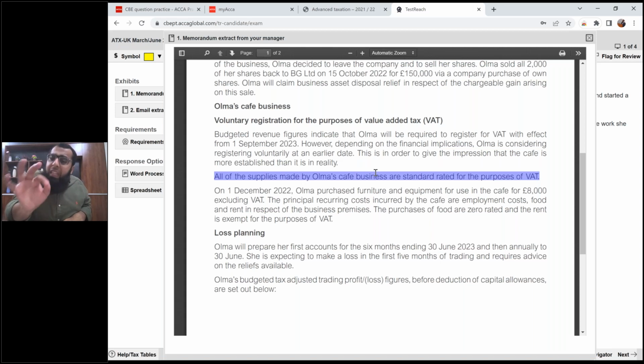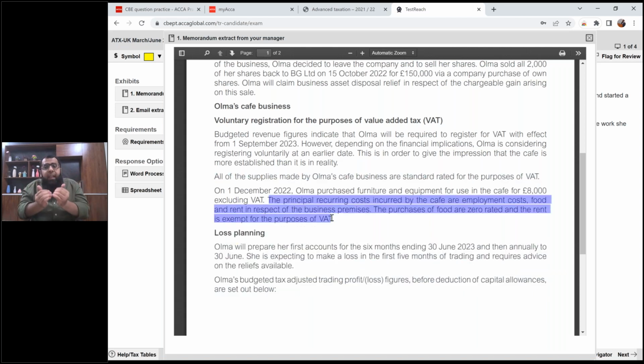There will be no significant impact because the purchases they are doing are either zero rated or exempt. When you purchase a zero rated or an exempt item, you don't pay any VAT on it. So there is no element of recovery.